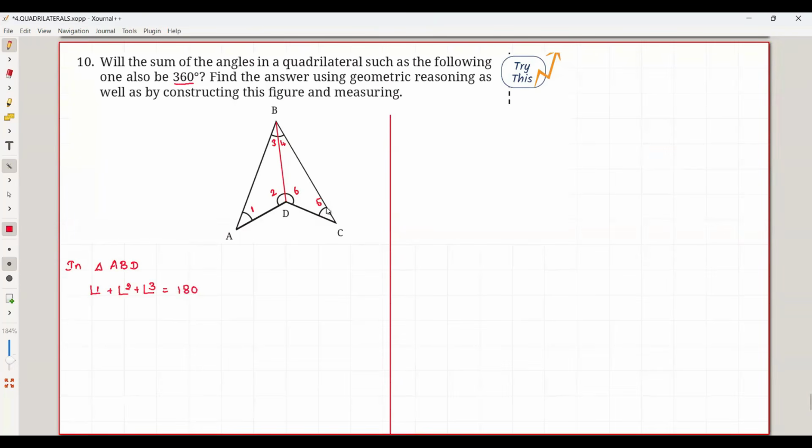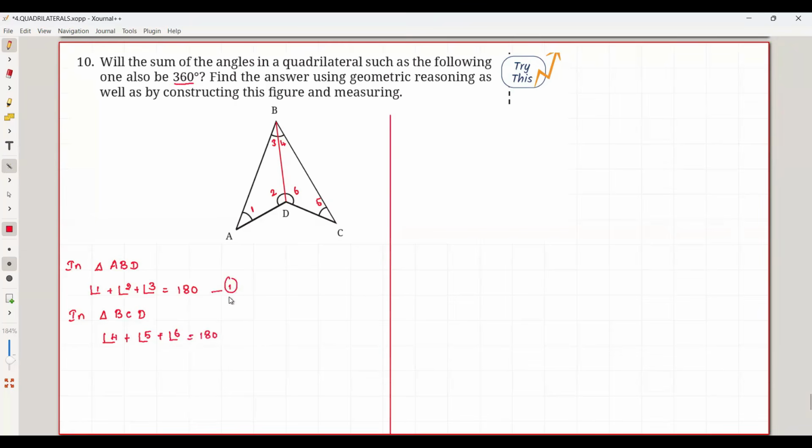The same is angle 4 plus angle 5 plus angle 6 in triangle BCD. Okay, triangle BCD: angle 4 plus angle 5 plus angle 6 is equal to 180 degrees.